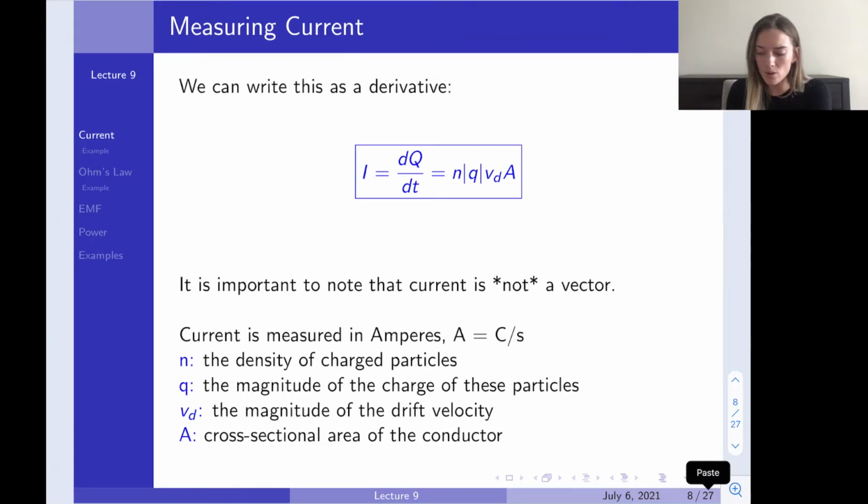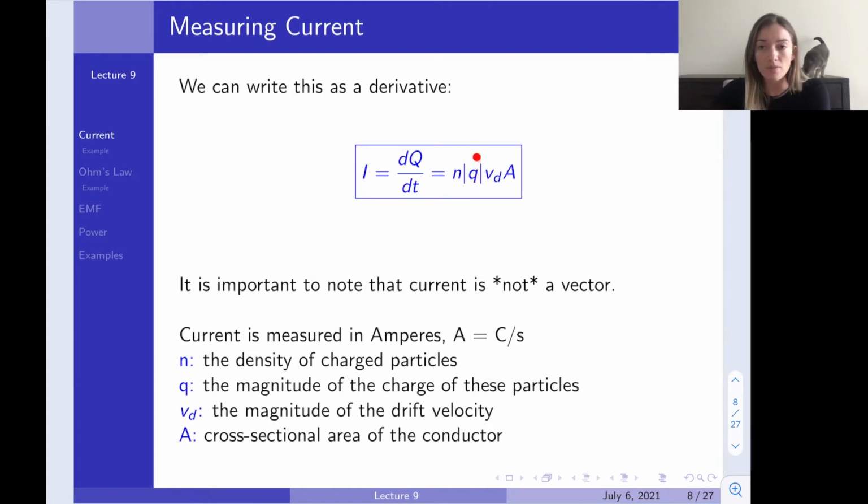Now, a couple of things to note here. The first is that current is not a vector. So you will often see current denoted with a direction, but it's not really a vector. And we'll talk about that more when we get to current density. So as I mentioned, the unit for current is coulombs per second, which is called an amp, which we denote A. And then we have the number density of the charged particles.